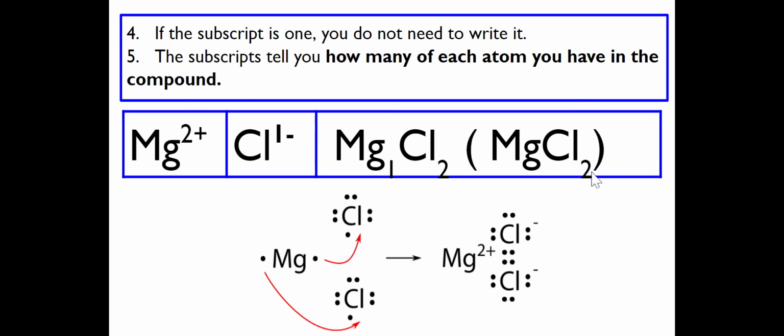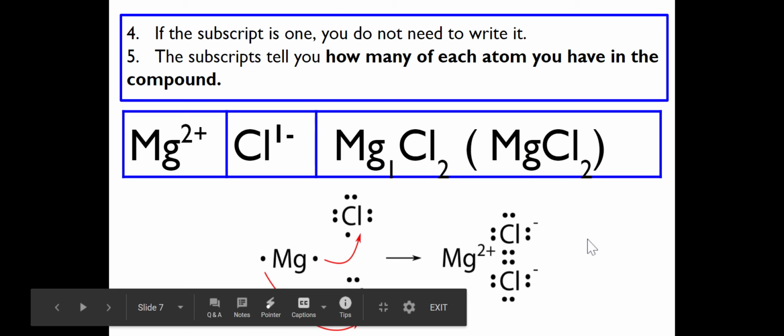It's MgCl2. Mg is magnesium, Cl is chloride, and this 2 means in each magnesium chloride compound, there are 2 chloride ions or chlorine atoms combined with 1 magnesium atom. Okay, so this represents how many of each atom you have in the compound.